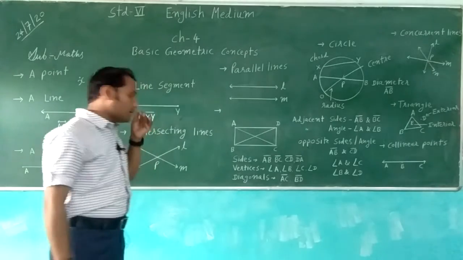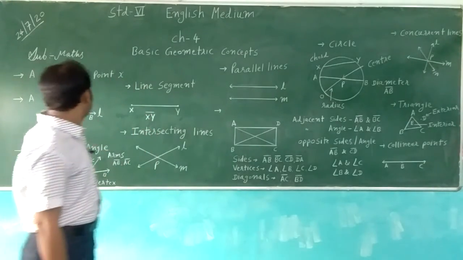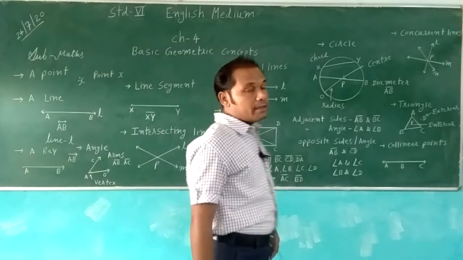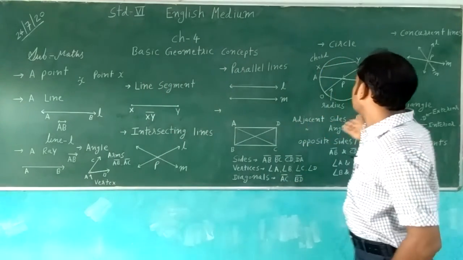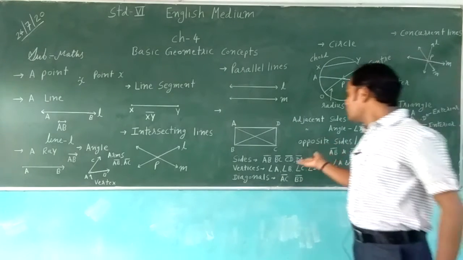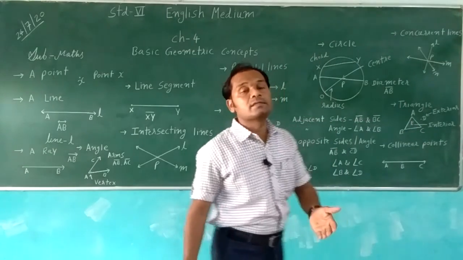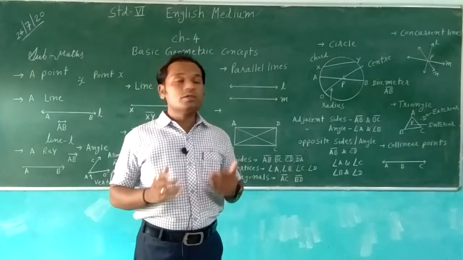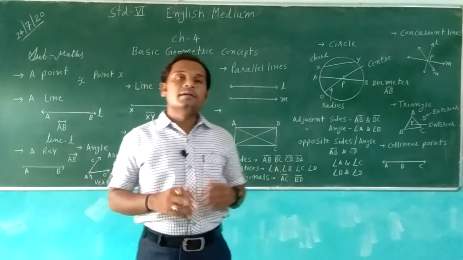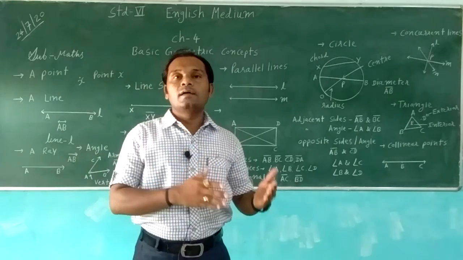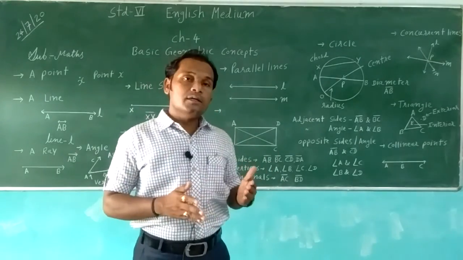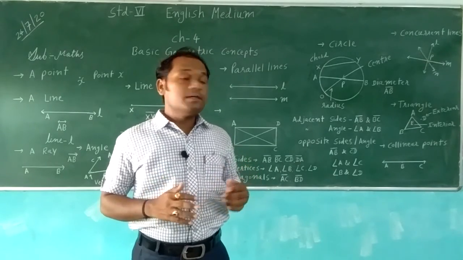In short, I hope you understand all of this: points, line, ray, angle, line segment, intersecting lines, parallel lines, circle, then the sides, vertices, diagonals, adjacent sides, adjacent angles, opposite sides, opposite angles, concurrent lines, triangle, interior of triangle, exterior of triangle, collinear points, then radius, chord, diameter.